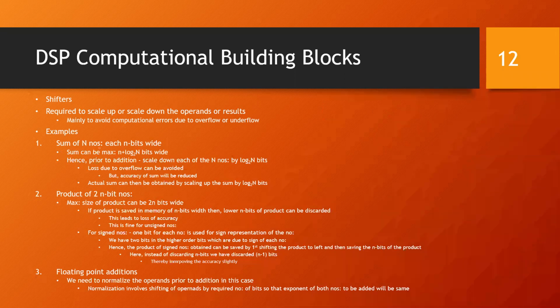So when we are doing summation, the maximum size of the sum would be equal to n plus log n to the base 2 bits. Now, if these extra bits come in, they may lead to an overflow condition, due to which we'll have some loss of information.